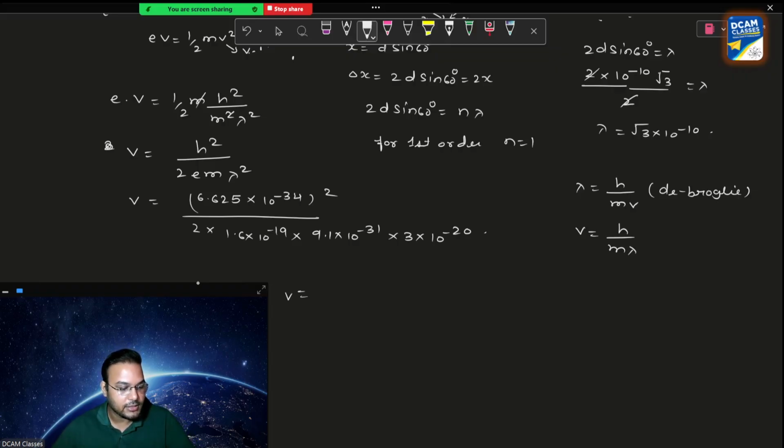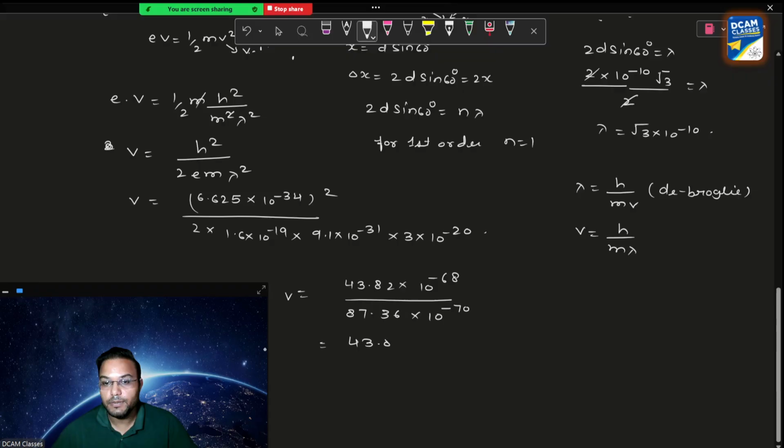Let me use the calculator, it will be quick. 6.62 into 6.62, it will be 43.82 into 10 power minus 68 divided by 2 into 1.6 into 9.1 into 3 is 87.36. 10 power 19 plus 31 plus 20, 17.